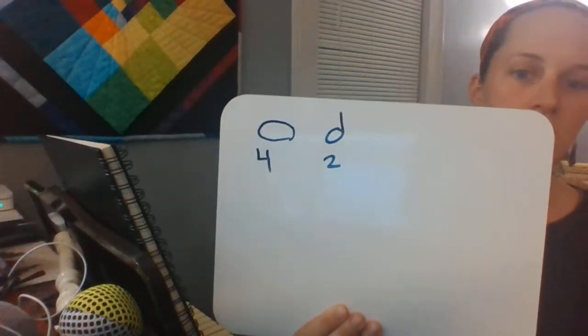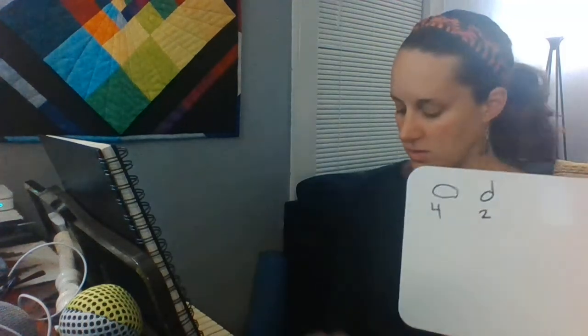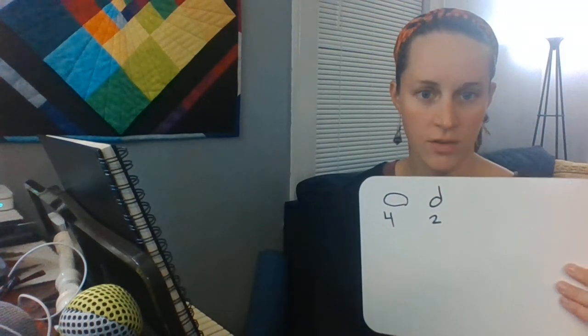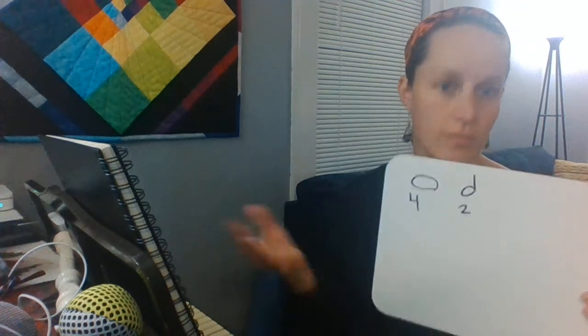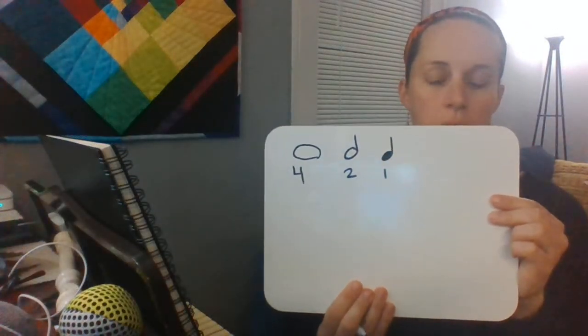Now, if I wanted to have a sound for 2 beats, I would write a half note. So if I wanted it to be 4 beats and then 2 beats, 1, 2, 3, 4, 1, 2, and then whatever comes next. If I want something to last for just 1 beat, a pretty quick note, I'm just going to write a quarter note, and then I might want 2 sounds for that beat, which are going to be eighth notes.